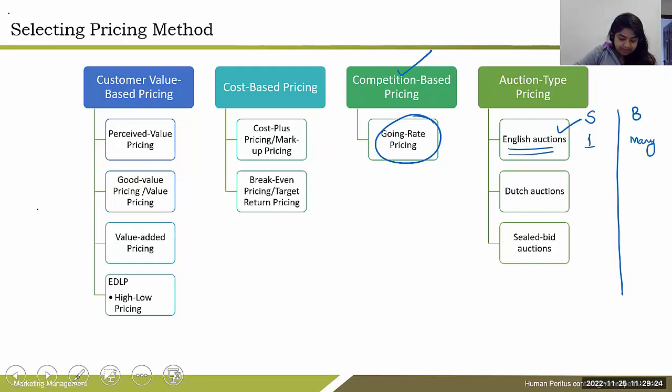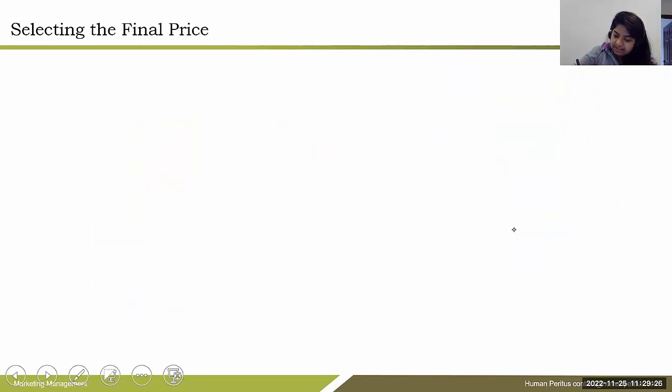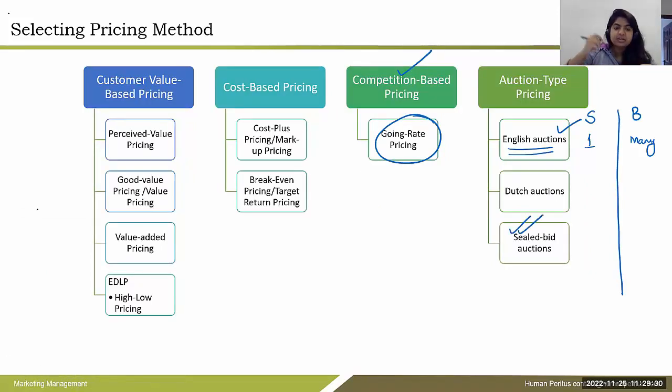Second, we'll do this one, which is sealed bid auction. Sealed bid auction, you can equate it to tenders. Government tenders, wherein I, as a government employee, ask you people to send me quotations of how much you are willing to sell it for. So there's an open tender.